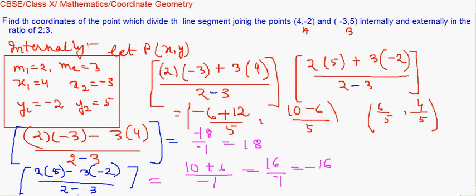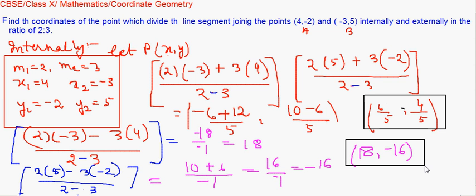So the coordinates where it is externally dividing the points, I'm getting 18 and minus 16. So these are the coordinates when P is dividing AB internally, and this is the one when P is dividing AB externally.